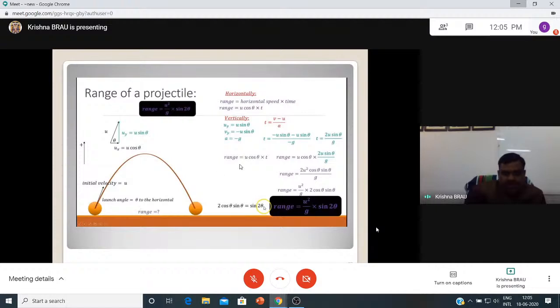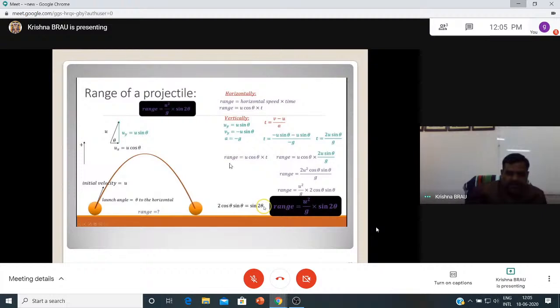Horizontal is positive, vertical upward is positive, but gravity acts downwards, so it is negative. See, then time of flight is equal to v minus u over a. v is minus u sin theta, minus u sin theta is equal to minus g t, you will get 2u sin theta over g. That is the time of flight.